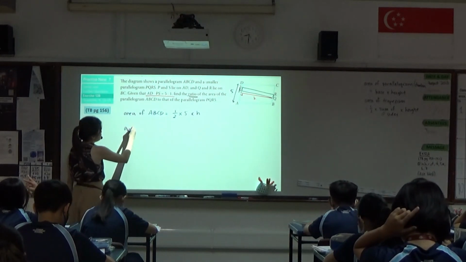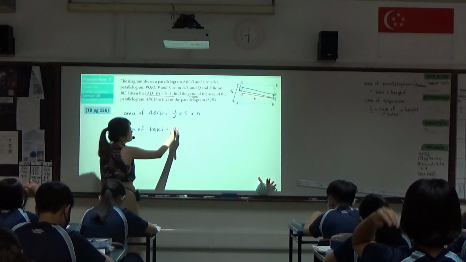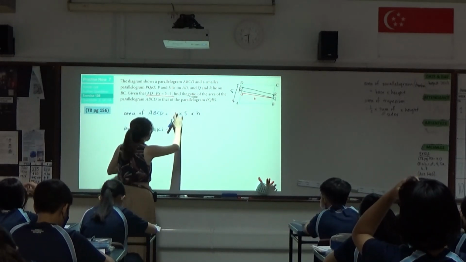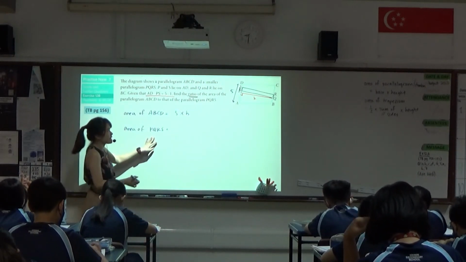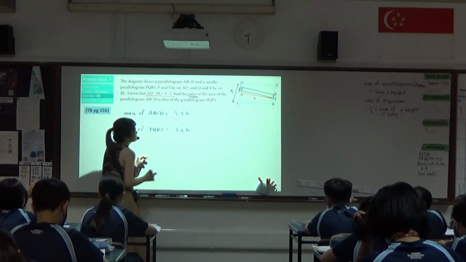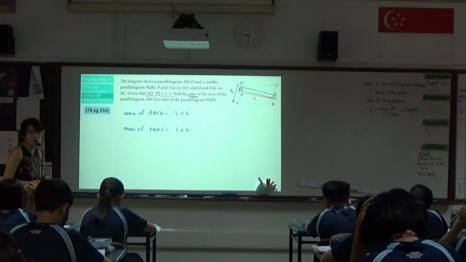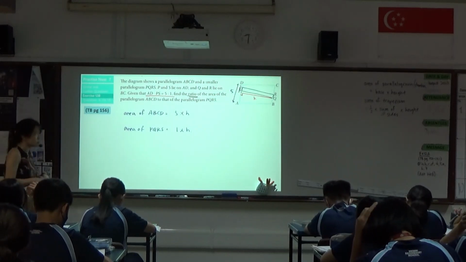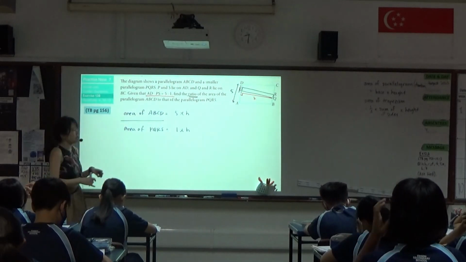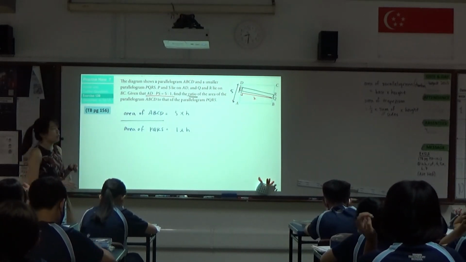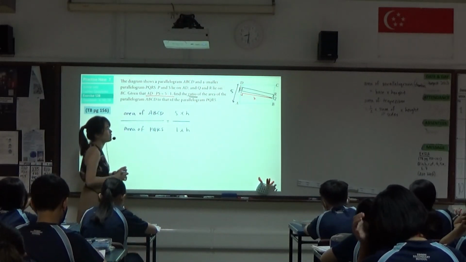And then the area of PQRS, going by the formula, base times height, will be 1 unit times the height. Since we're looking for ratio, we know that an equivalent form of ratio is its fraction. So if I take area of ABCD divided by area of PQRS, it is actually equal to 5 times h over 1 times h.